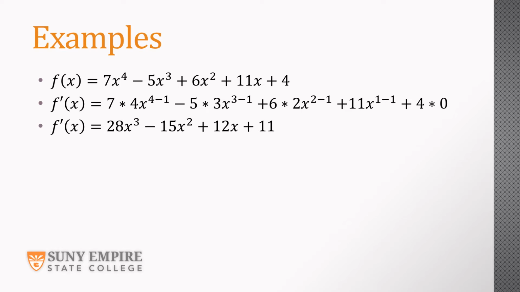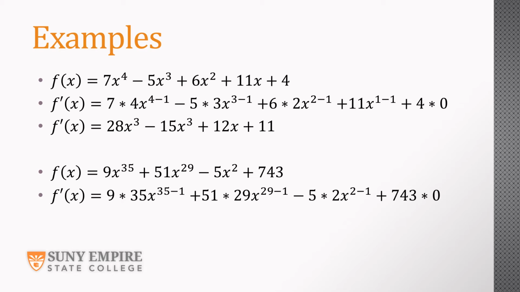Let's see another example, just to make sure we understand how this rule works. Suppose we have f of x equal to 9x raised to the power of 35 plus 51x raised to the power of 29 minus 5x squared plus 743.